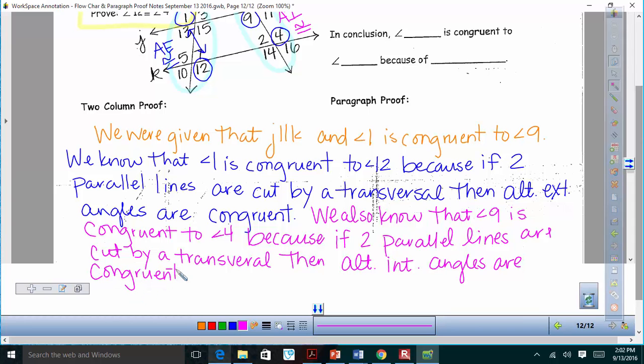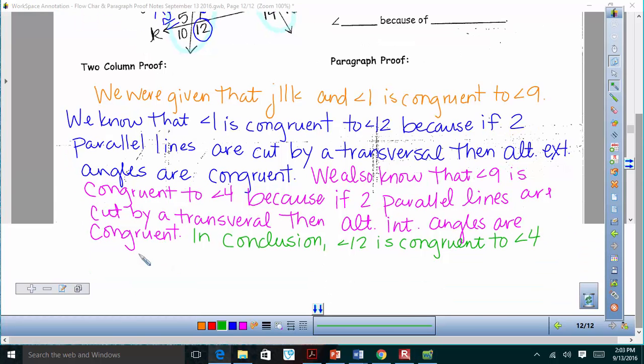Okay, last step. And this is why you don't want your proofs any longer than 4 steps. Okay? So our last step is in conclusion, because isn't that what you write in English? In conclusion, angle 12 is congruent to angle 4 because of substitution.